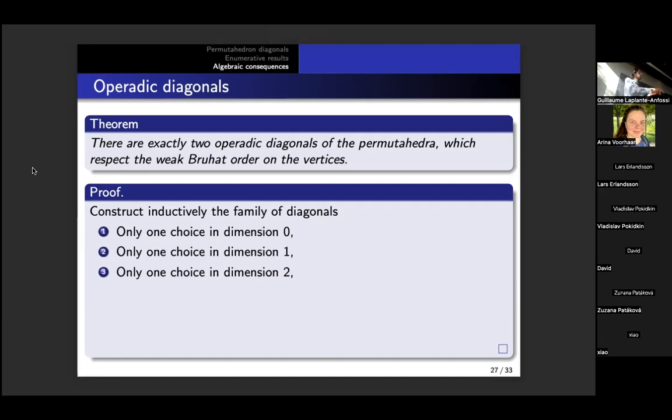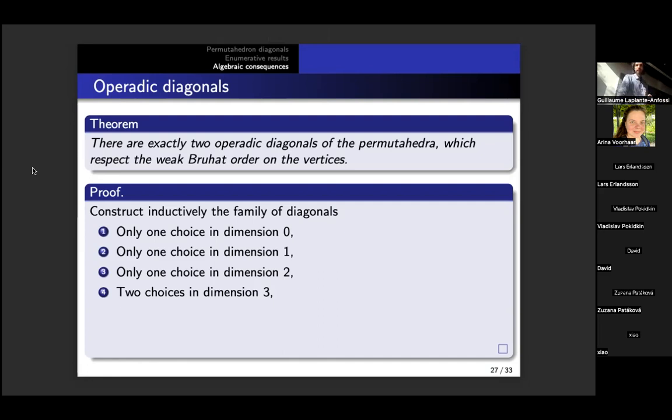In dimension 2 also, the two choices of vectors that I gave you define the same diagonal. And this is something that happens: you have different vectors that give the same diagonal. But when you arrive in dimension 3, then you have to make a choice. Either you take the LA or the SU diagonal.